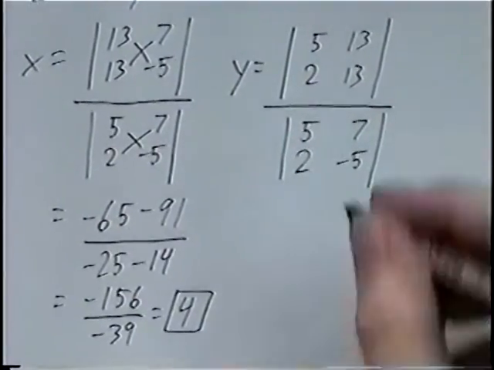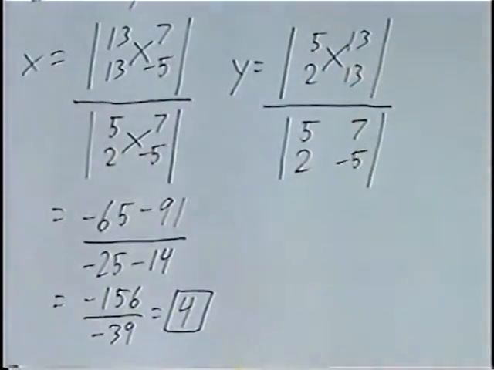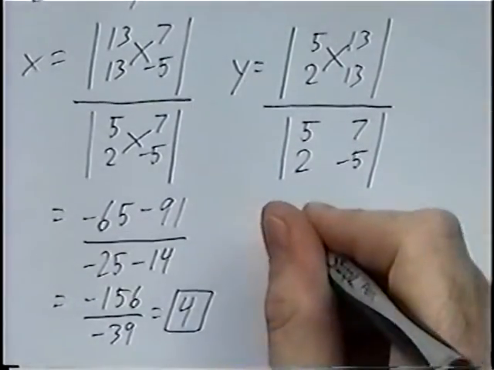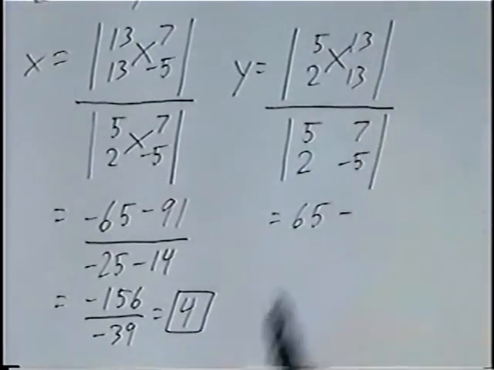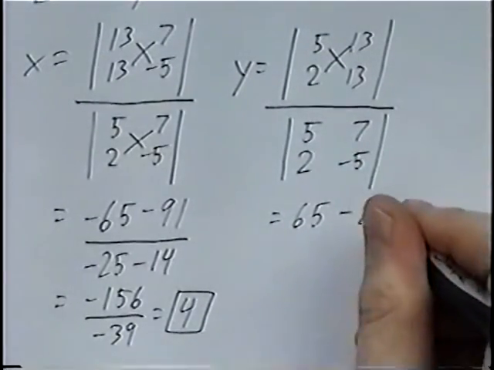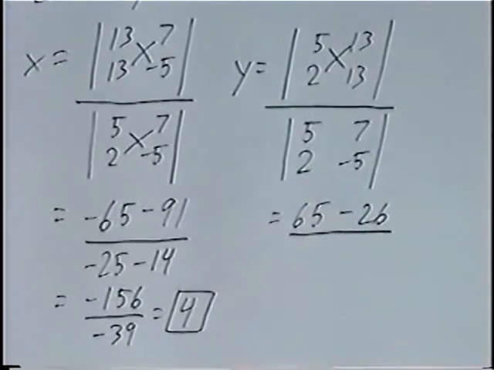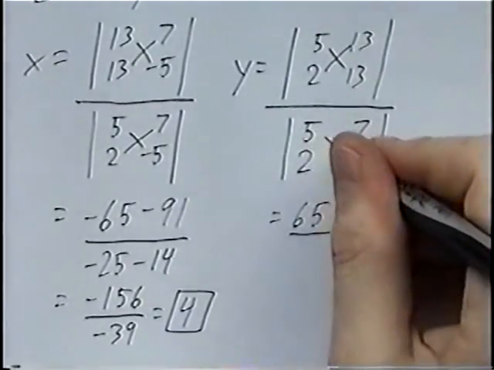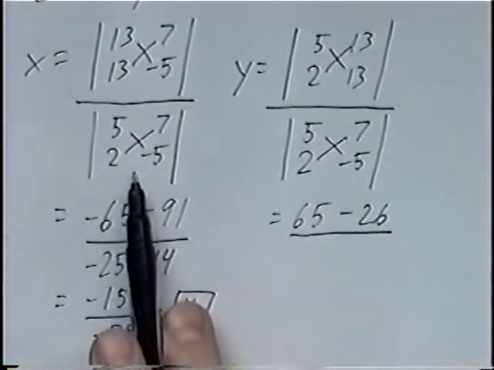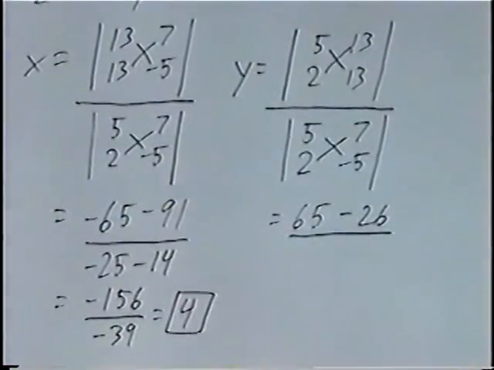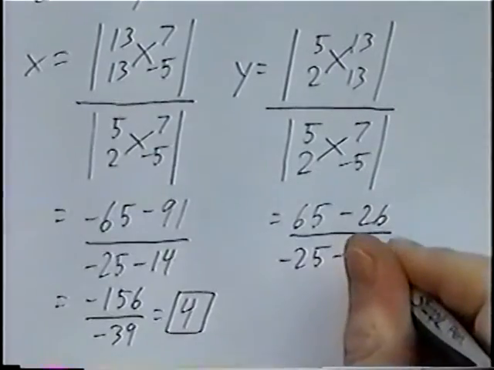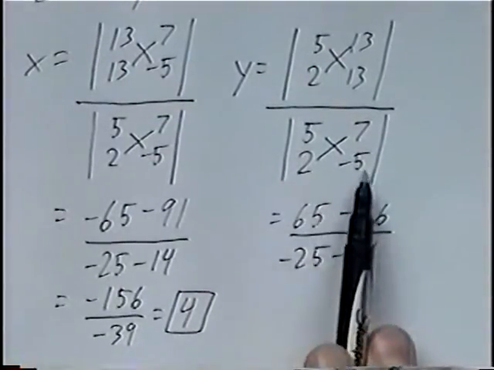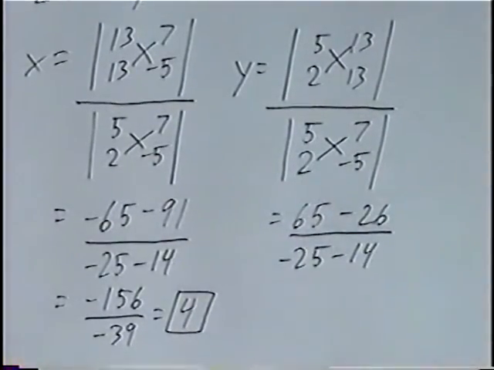Solving y, for the numerator we find the determinant would be 5 times 13, which would be 65, minus 2 times 13, which is 26, divided by the same determinant as the denominator for x, which would be negative 25 minus 14: 5 times negative 5, and 2 times 7.